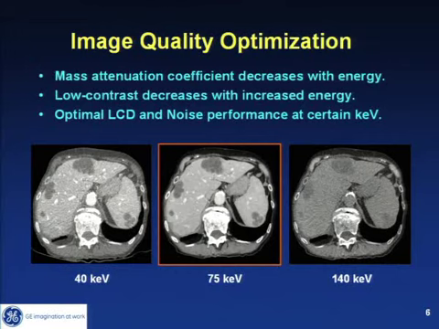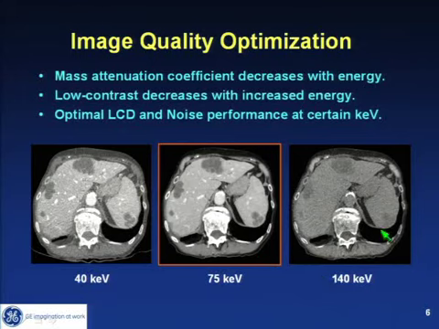Typically, there is an optimal point where you want to set your monoenergetic X-ray beams. At a lower keV, your contrast is high, but your noise is also high. And for high keV, your contrast reduces.